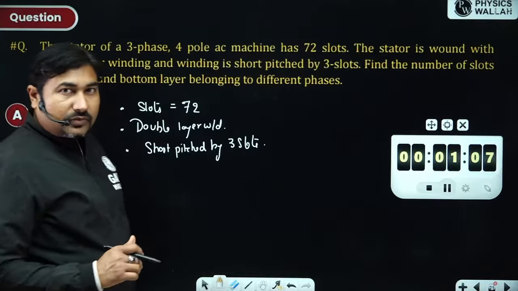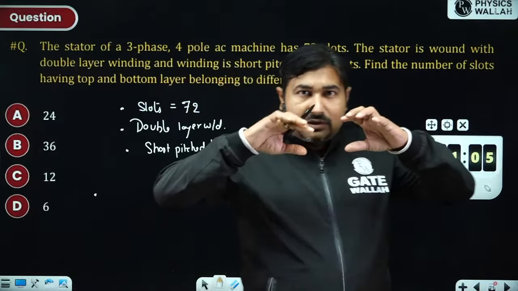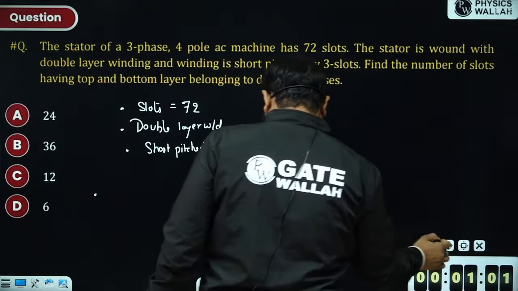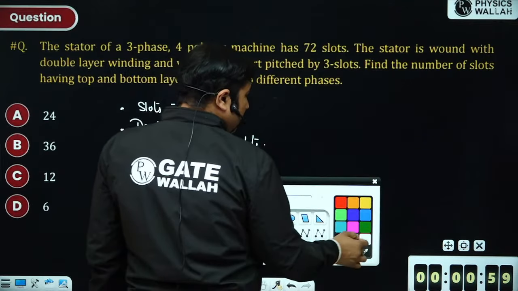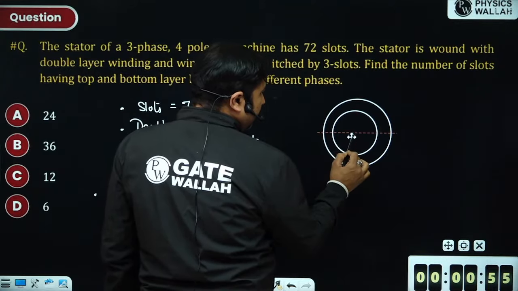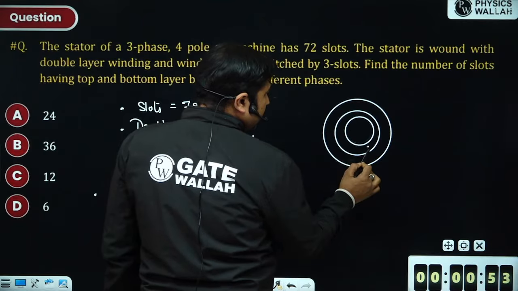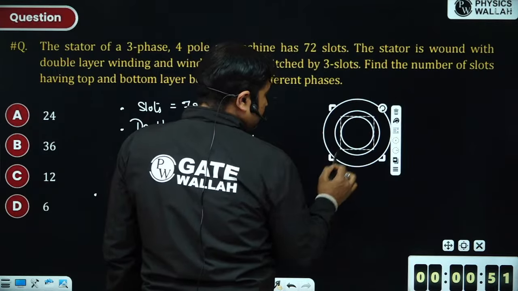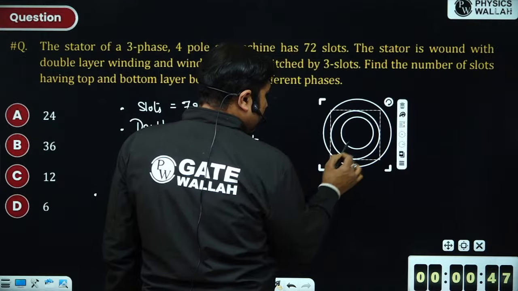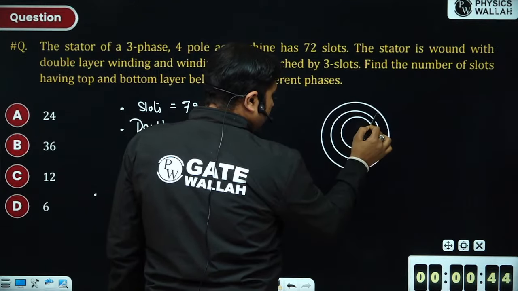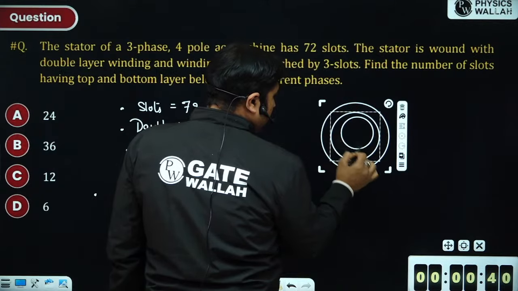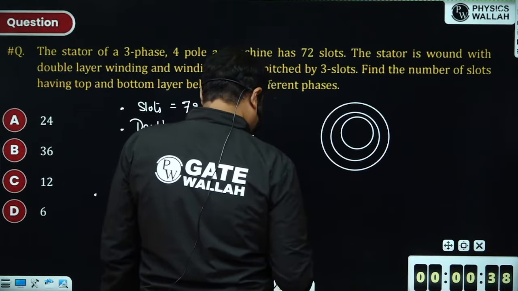So what you have to do, make 2 different clocks in your mind. One is the outer clock and one is the inner clock. Like this, there are 2 clocks.